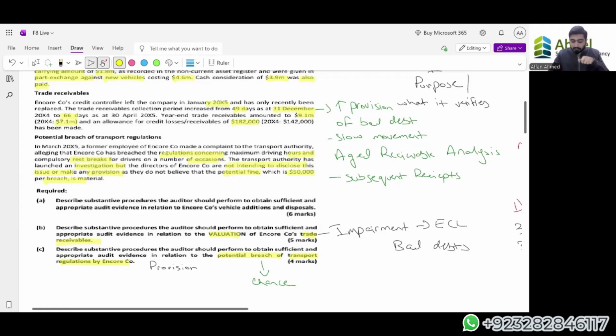Now, the claim is that we are violating the maximum driving hours, which they have specified. So what can you do? You can see what records we have for driving hours, and see whether we are actually breaching this law or not, and determine the likelihood that the breach is going to result in a fine for us. So you're checking your internal documents.